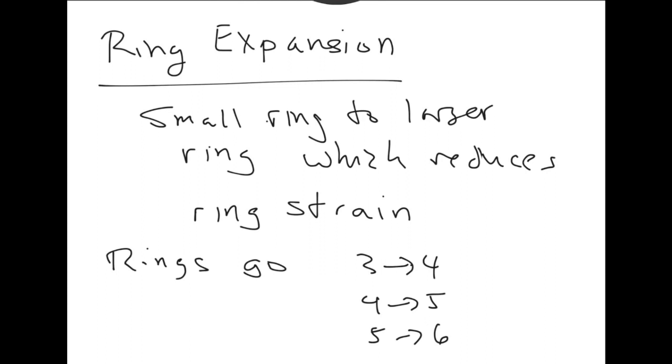So what you're looking for in a ring expansion is you want to have a double bond beside or adjacent to your ring, so that when you do your mechanism, you put a carbocation beside your ring.